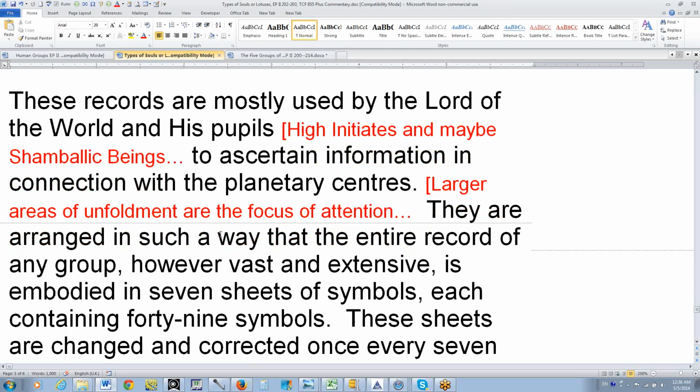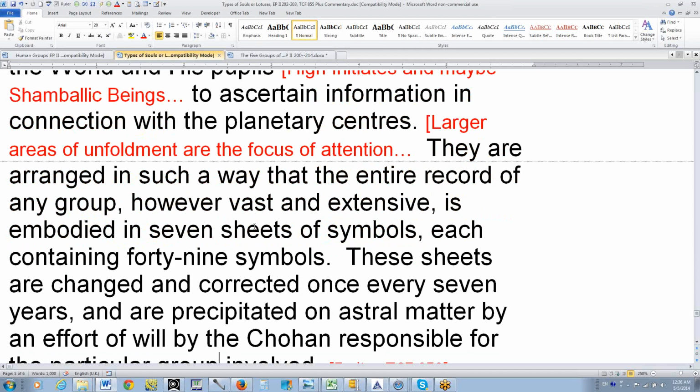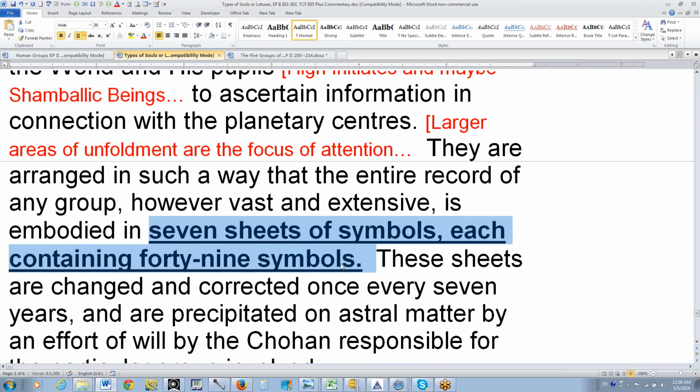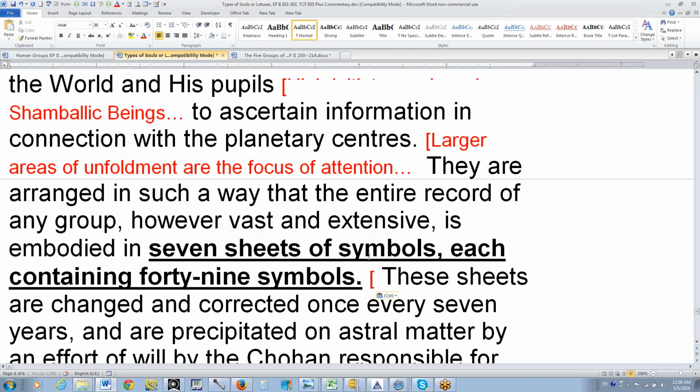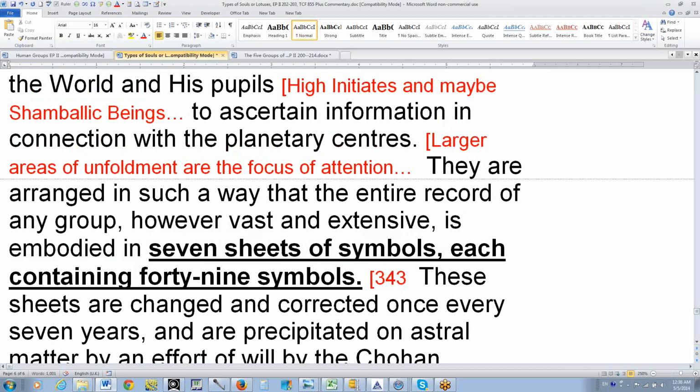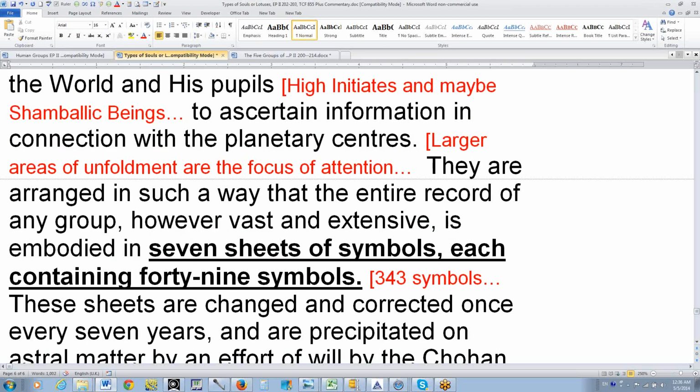They are arranged in such a way that the entire record of any group, however vast and extensive, is embodied in 7 sheets of symbols, each containing 49 symbols. So what do we have here? 343, 7 times 49, 343 symbols. Apparently that number is going to be important.